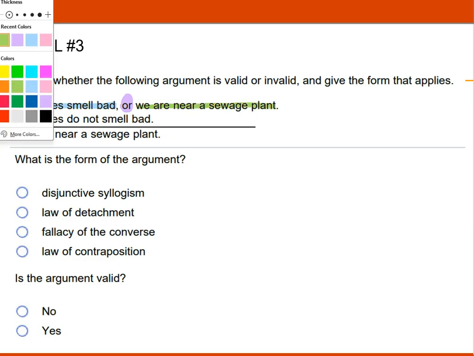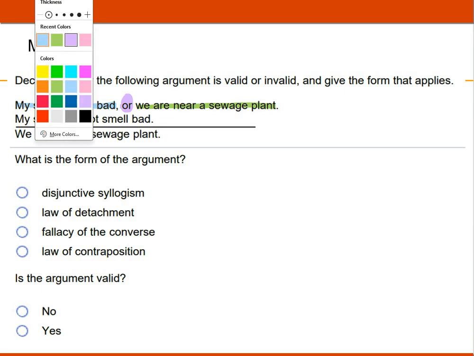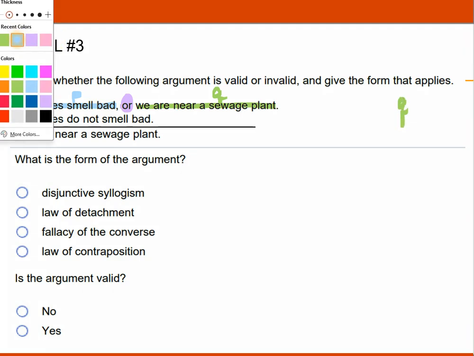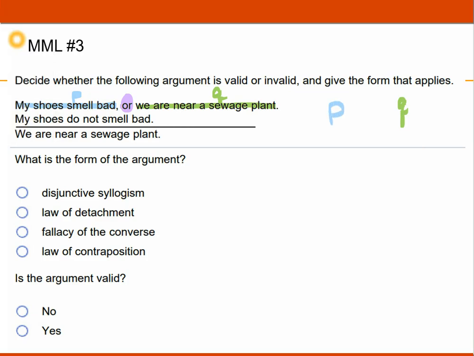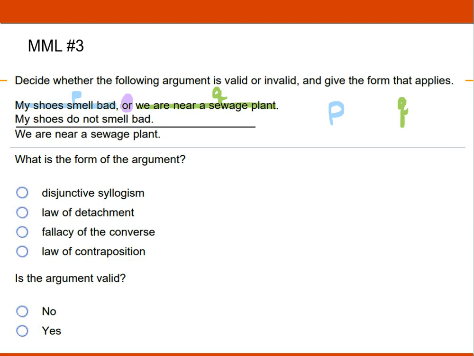Okay, so I'm going to let the my shoes smell bad be the letter P, and we are near a sewage plant would be the Q. And then you're going to connect P and Q together by an or. And the symbol for or is the V.